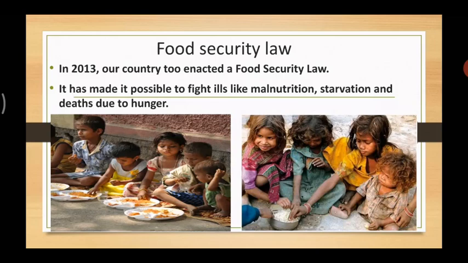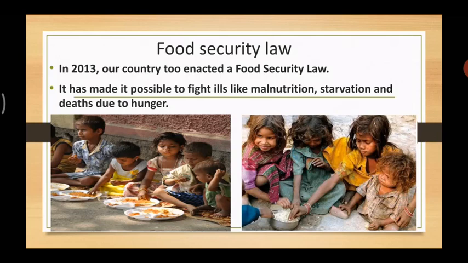In 2013, our country too enacted a food security law, which aimed to provide subsidized food grains to approximately two-thirds of India's population. That means the people who are poor in India.